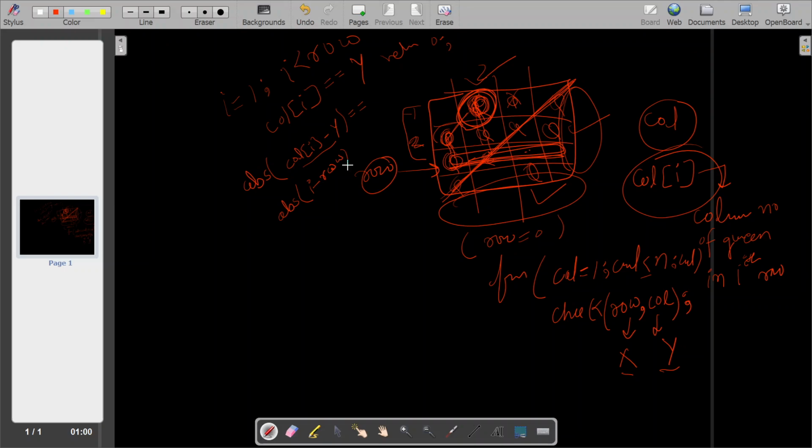If these are equal, then also we cannot place a queen at x and y, so this returns 0. Otherwise we return true, meaning 1, we can place a queen here.